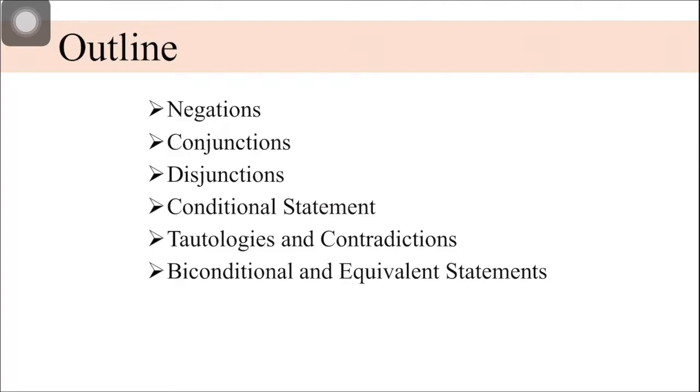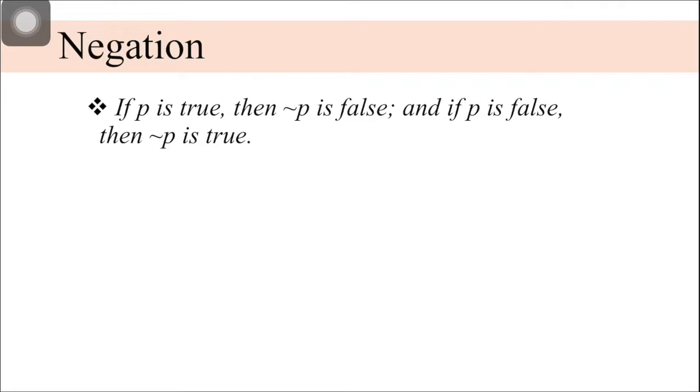First, we will talk about negations, followed by conjunctions, then disjunctions, conditional statements, tautologies and contradictions, and biconditional and equivalent statements. Okay, first let's talk about negation. If P is true, your P here is a statement.